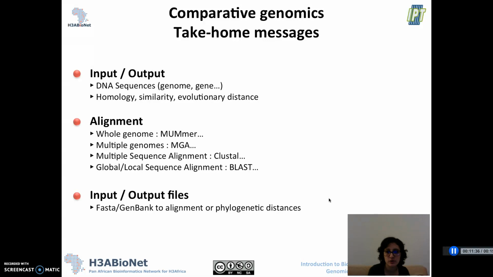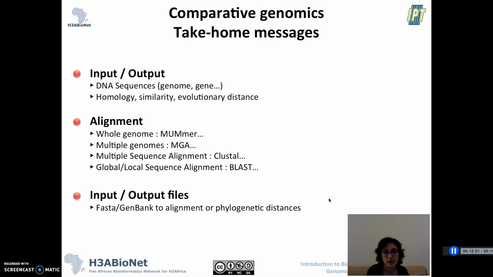So I would really like you to take some time to go deeper into the details of each one of them, or at least the ones that are the most interesting for you. I've been highlighting mainly the BLAST and the CLUSTAL methods for alignment because I believe these are the ones that you might be encountering the most when dealing with this kind of sequence alignment.